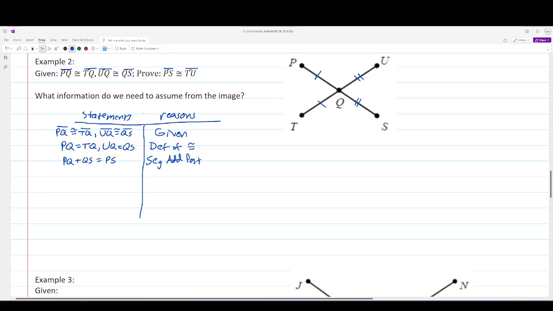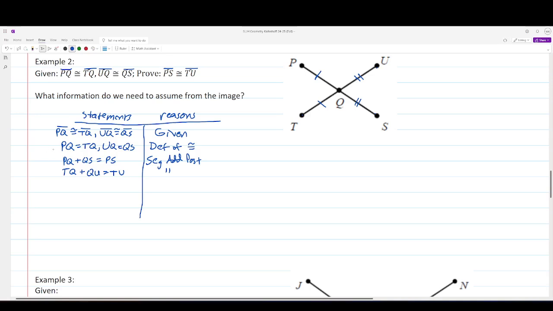Similarly, we need to get TU, which is part of our prove statement, into the proof, and we do that by the other segment, TQ plus QU, is equal to TU. And that's the same exact reason, segment addition postulate.